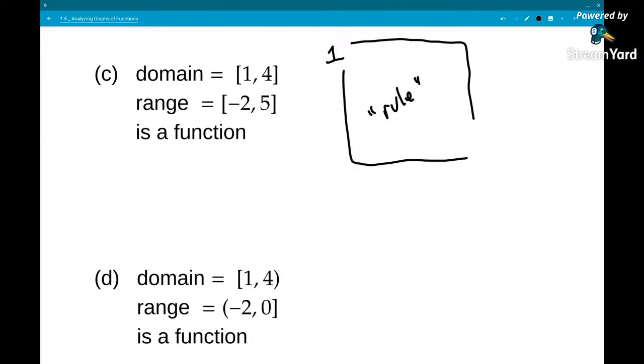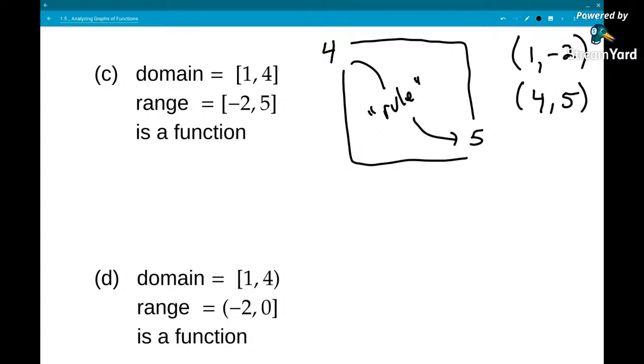And I'm just going to go with this. I'm going to pair it with -2. So I'm going to say 1, -2 is an ordered pair on the graph. And I'm going to make the same argument this way, 4, 5. 4, I'm going to force a pair of 5. I don't know what the rule is, but something's converting it to this.